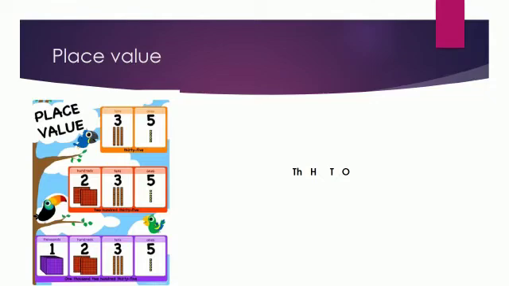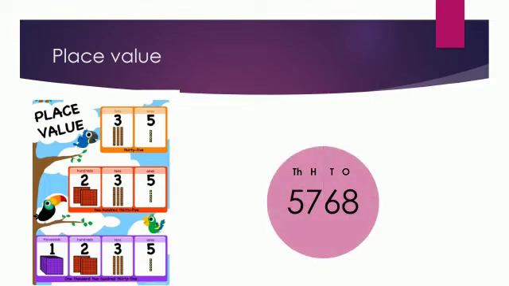So now let's take an example of a 4-digit number, that is 5768. So today we're going to learn how to find out the place value of a digit in its number. So my first question to you is, what is the place value of 5 in the number 5768? How do you find that?